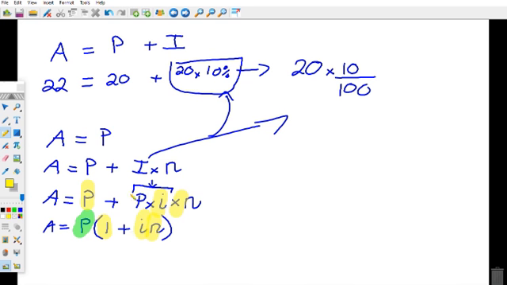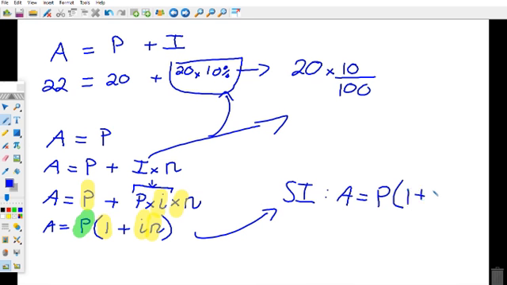So that is how we get our simple interest formula. It is A is equal to my principal multiplied by 1 plus I, the interest rate, multiplied by my time period.